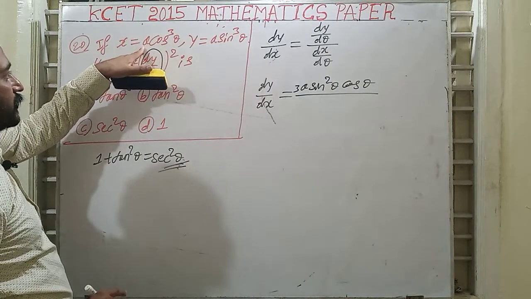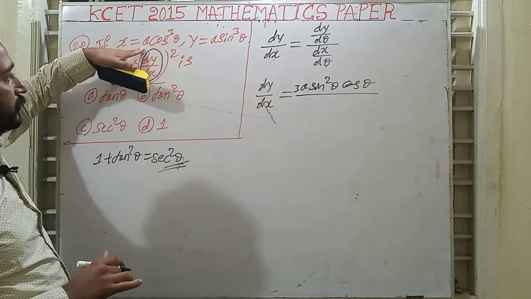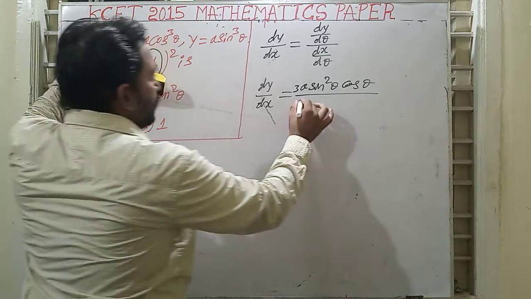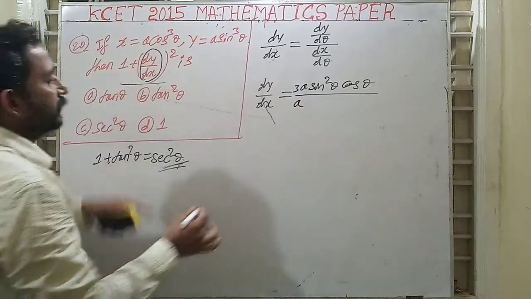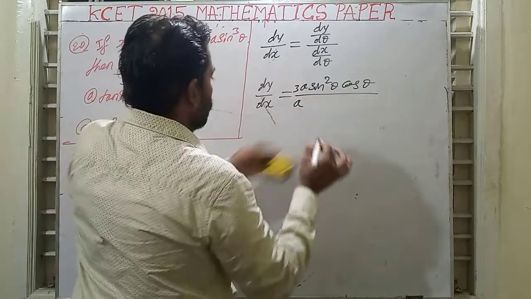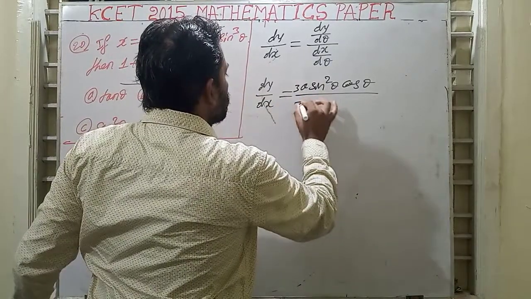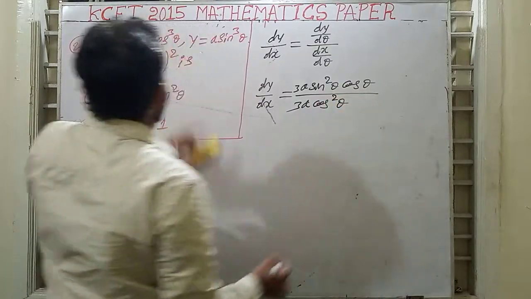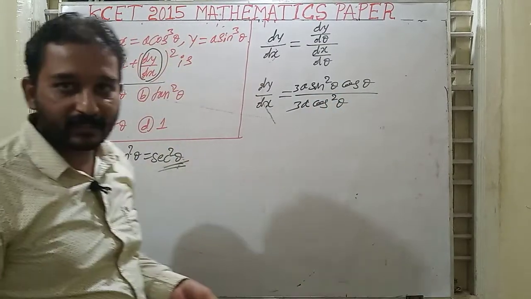In the same way, using chain rule, we find the differentiation of x with respect to theta. a is constant, and cos cube theta differentiates to 3 cos square theta. Again differentiate, cos theta becomes minus sin theta.